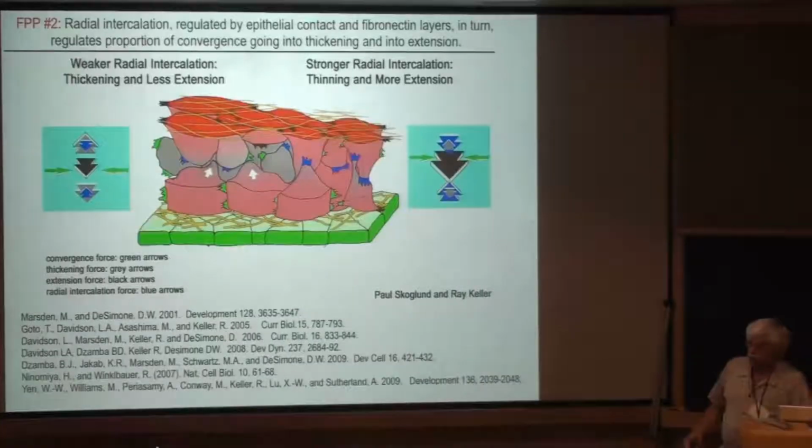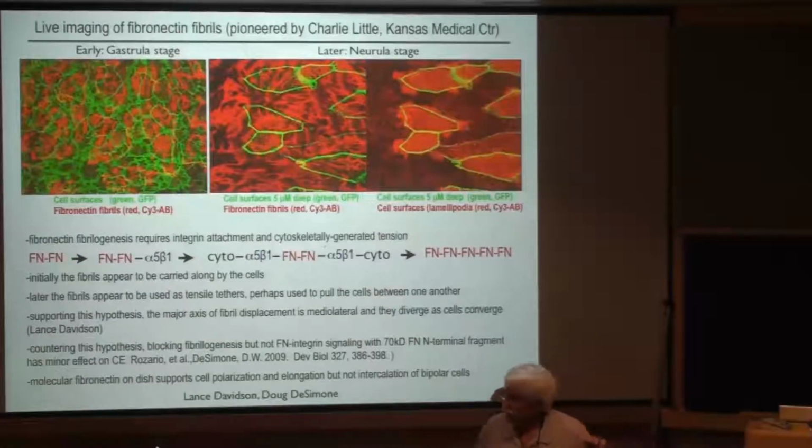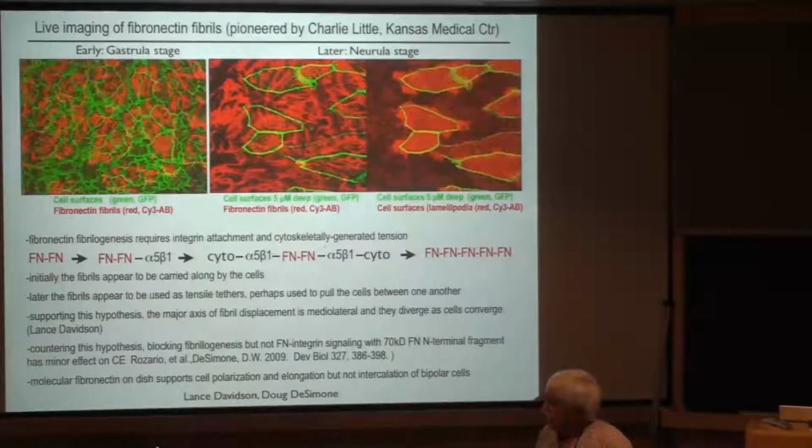So they also secrete collagens at this stage? Not yet. They will, at the end of this movie, be making collagen. And these fibrils depend upon tension to be made. And the fibronectin signaling through integrins has to happen for the cells to polarize.